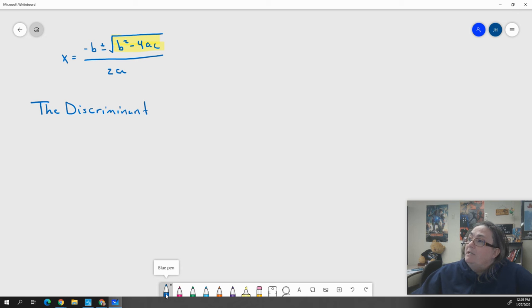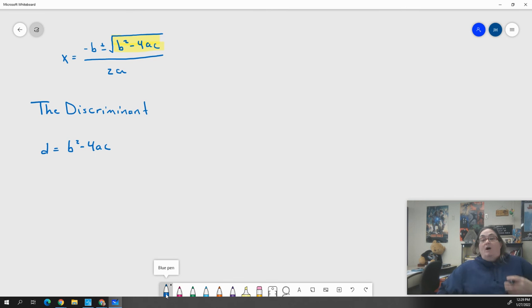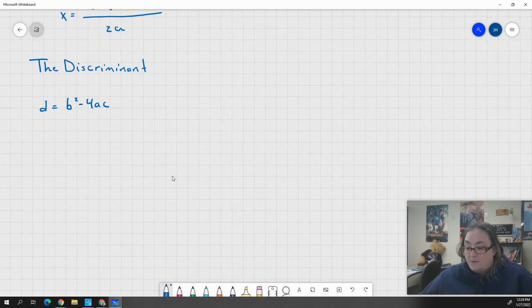Because what the discriminant itself does, call it little d, equals b squared minus 4ac. And the discriminant tells us what kind of solutions we're going to have to different quadratic equations, right?